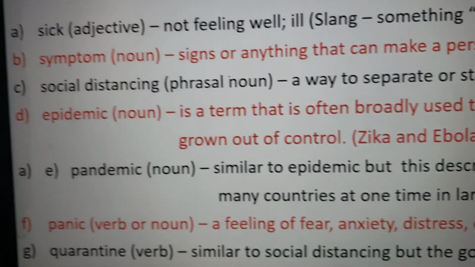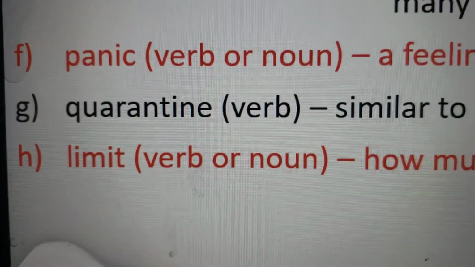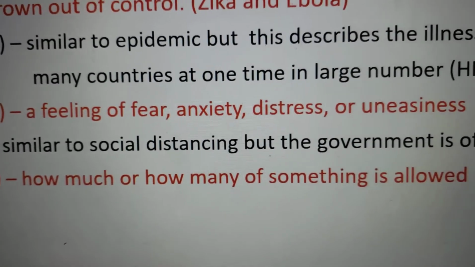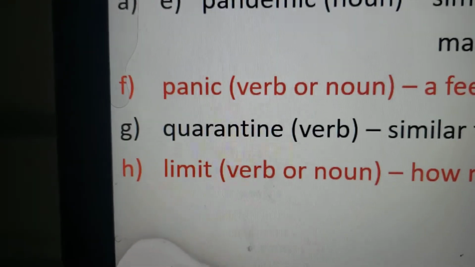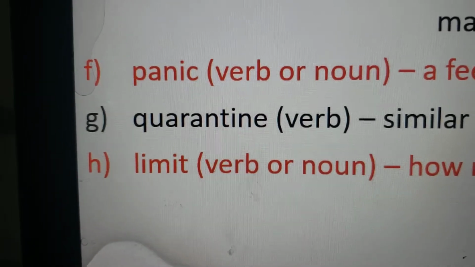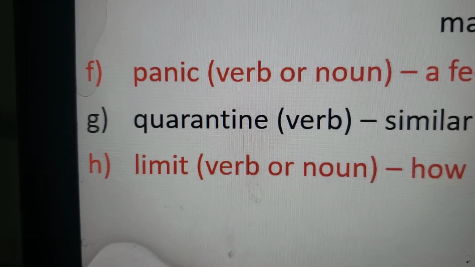Quarantine. Okay? Limit. Limit is a verb or it can be a noun. Limit means how much or how many of something is allowed. For example, you are driving and there's a sign that says the speed limit is 30 miles per hour.